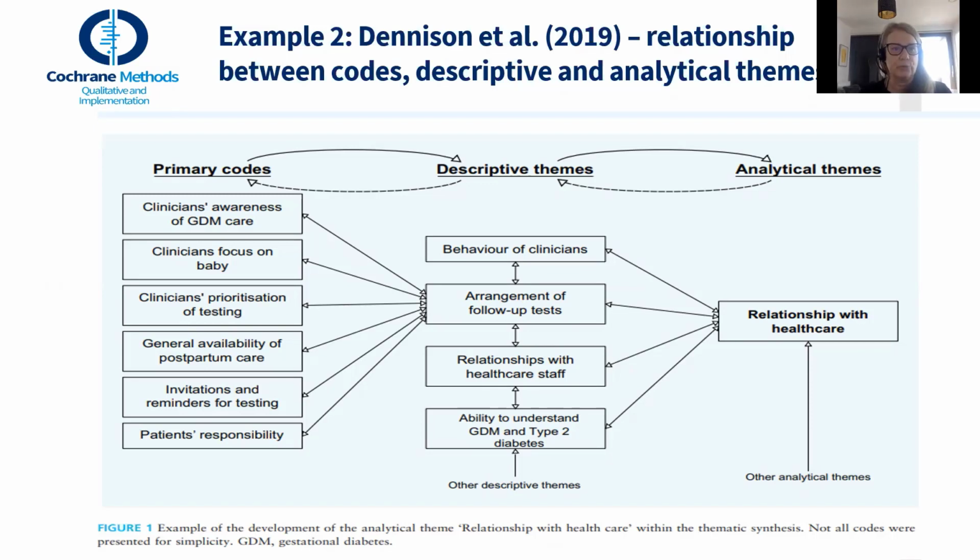So the codes were about, for example, invitations and reminders for testing, patient's responsibility, clinicians' behaviours and views, all go into this descriptive theme labelled arrangement of follow-up tests. I'll talk a bit more shortly about its relationship to the analytical themes. Next slide, please.